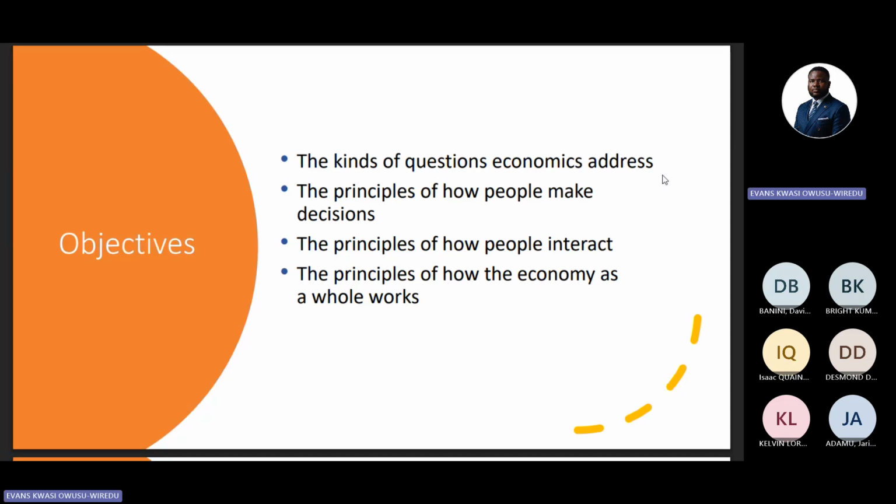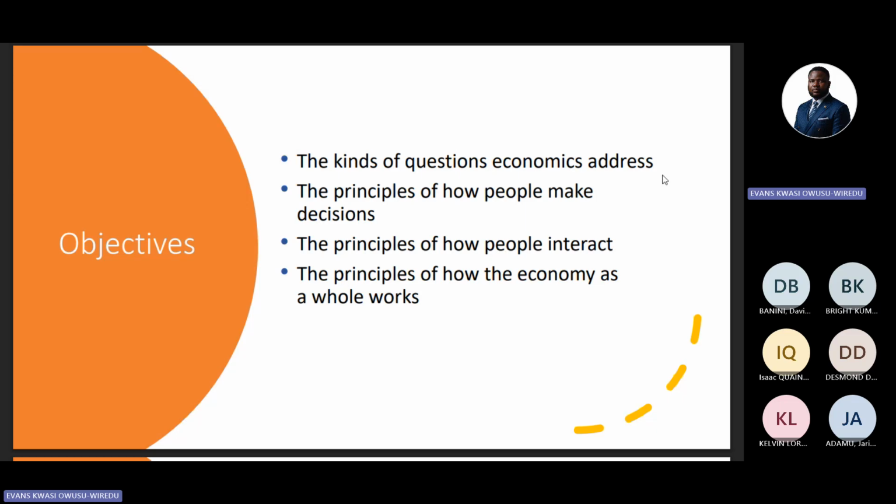Apart from the principles and the questions, we are also going to learn how to interact and the principles behind how people interact, right? Interaction among other people when it comes to these choices and how to make them and who we make exchanges with and so on and so forth.